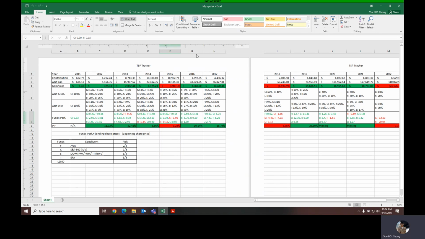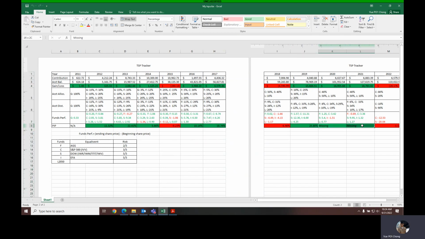But as you can see, in 2016, I gained all that money back and more. Same thing in 2017. I've only put in 4 grand, but I bounced back 8,500. So my personal rate of return is 10%, 18%, and it keeps growing.